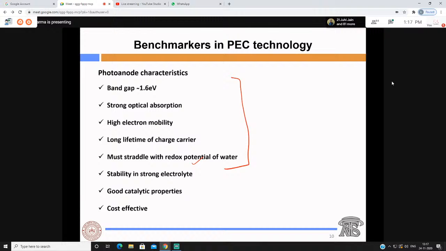So the electrode should be stable enough in the electrolyte, and it should also have good catalytic activity for hydrogen and oxygen evolution reactions so that the overpotential can be lessened. And last but not least, it should be cheaply available so that it is within the reach of common people.